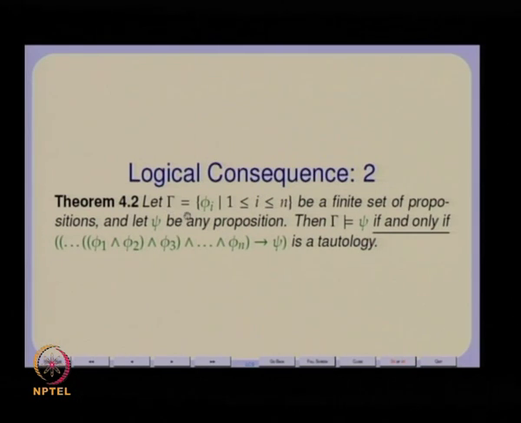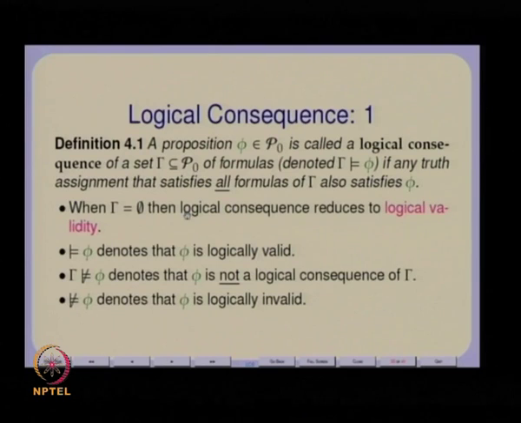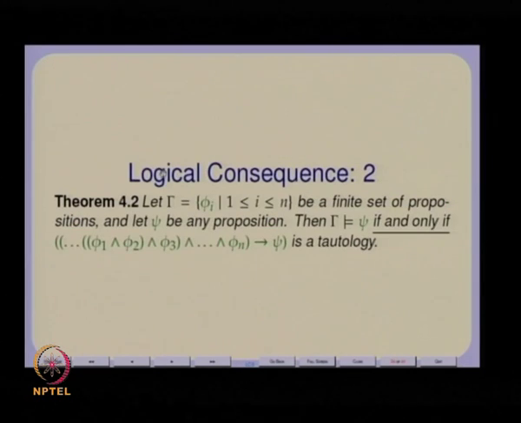As opposed to the normal notion of logical consequence, where gamma could be infinite, this theorem actually is a restriction of the assumption. Basically, the restriction comes from the fact that you have to form this formula. All formulas are finite string objects.